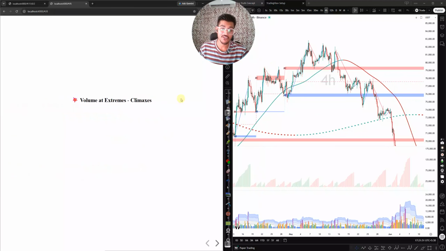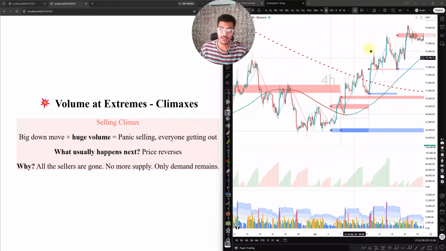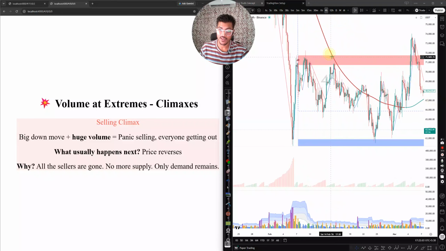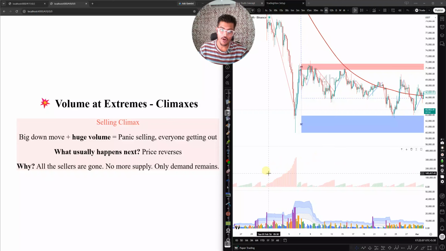Now, volume at extremes is the selling climax, you see. So this is what this is, you see here. Check this out. Very high volume, guys, right?